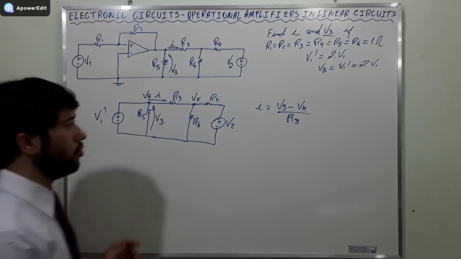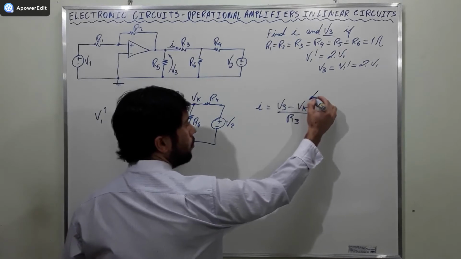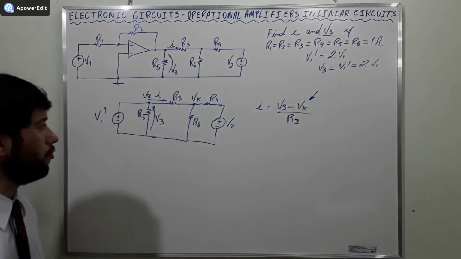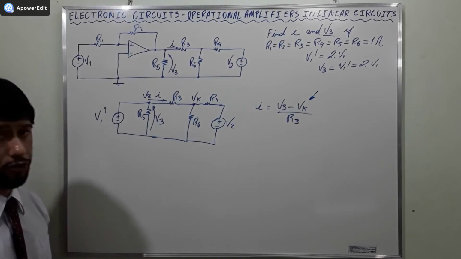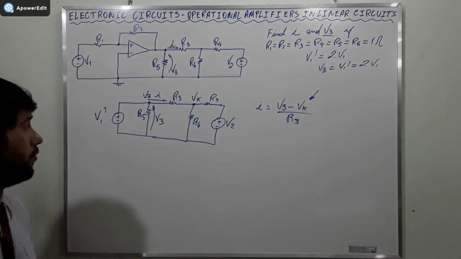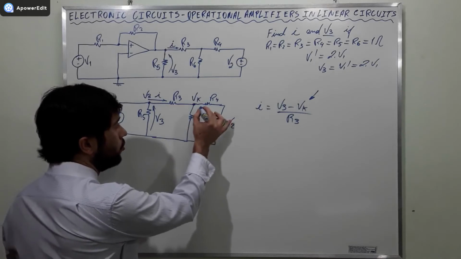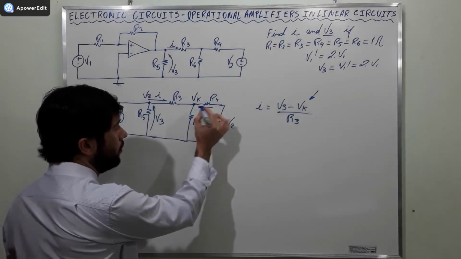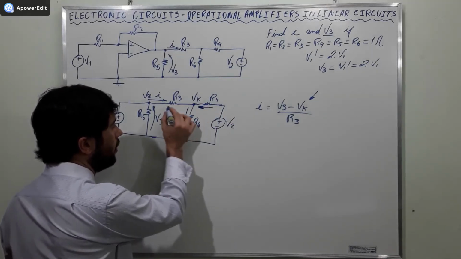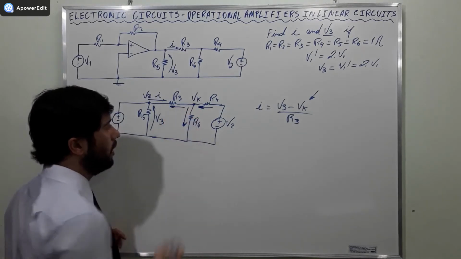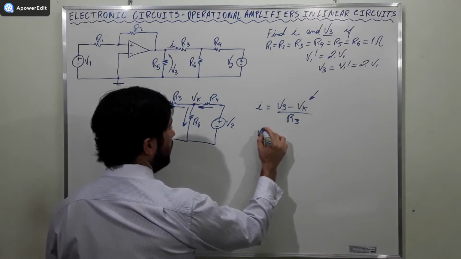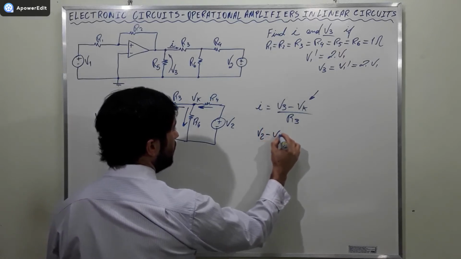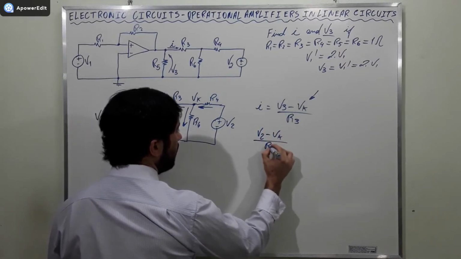So this is the value of the current. But we don't yet know Vk. We need to work on this value to find I, so we're going to find a value for Vk. We can use this current here, this current here, and this current here. And then we're going to find that V2 minus Vk divided by R4.